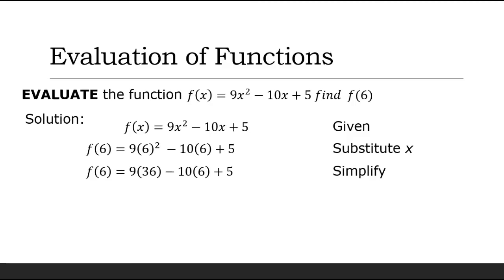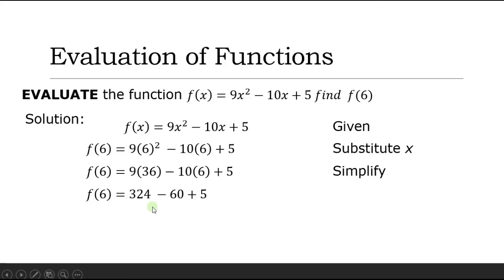So, 9 times 36. Okay, next term, negative 10 times 6, and it will become negative 60. Then, copy plus 5 because there's no operation present on number 5.